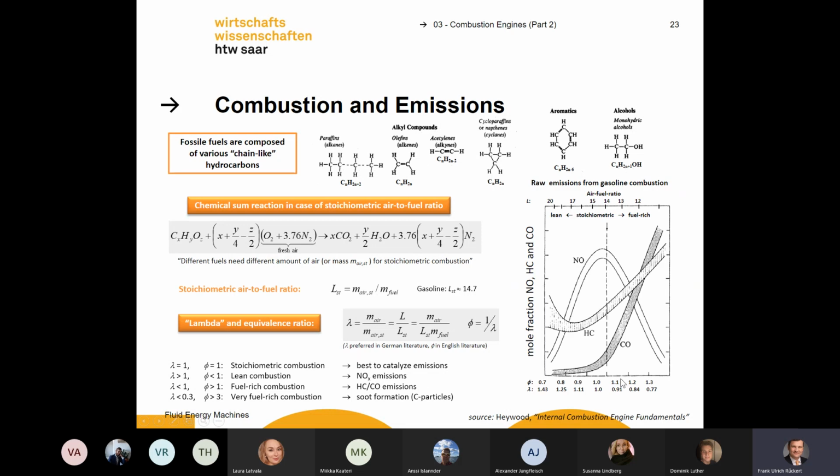Okay, and there's another problem. If we have a more fuel-rich combustion, if we inject a lot of fuel into the cylinder, we have a lot of unburned fuel. It's inefficient. We get carbon monoxide emissions. We get even hydrocarbon emissions at the end.